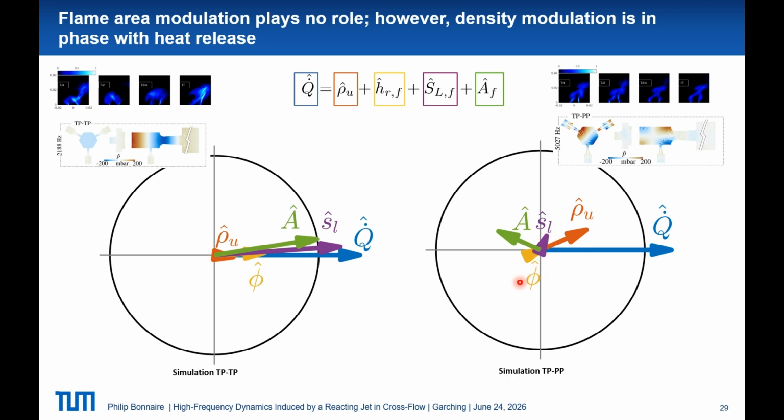Also the flame speed, and as expected, the equivalence ratio, there is none because we suppressed them. So just the density fluctuations are in phase with global heat release rate. And density modulations are directly linked to pressure fluctuations in the isentropic framework.